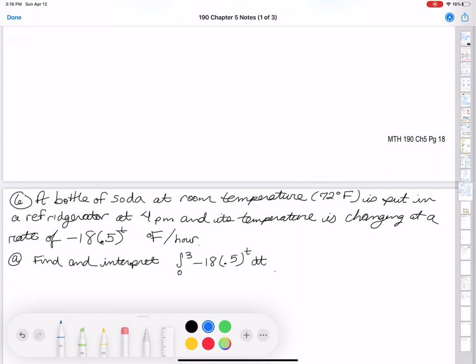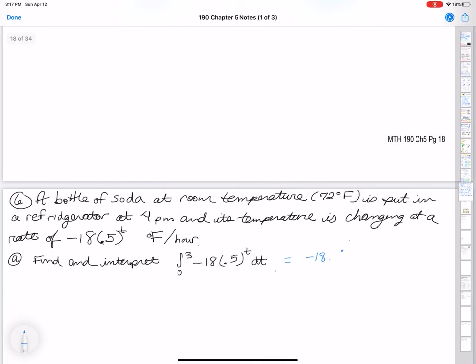So we're finding our antiderivative first of this definite integral. The negative 18 is going to get carried along as our constant multiple. If you look back at the antiderivative rules that we wrote out at the end of section 4.8, the antiderivative of a base that is not e, so a base like a half, to the t power, is that base, a half, to the t power, divided by the natural log of that base, natural log of a half.